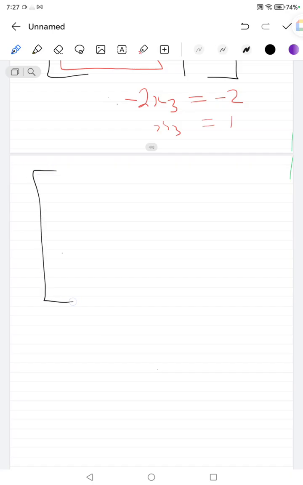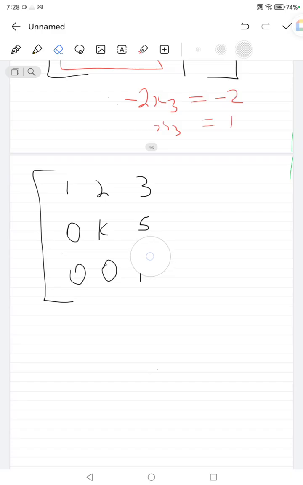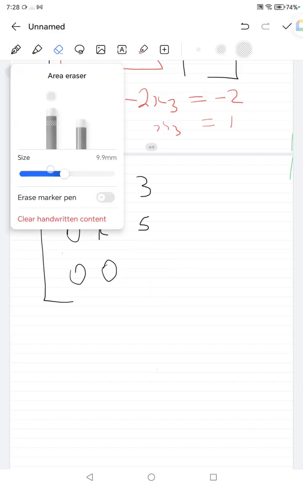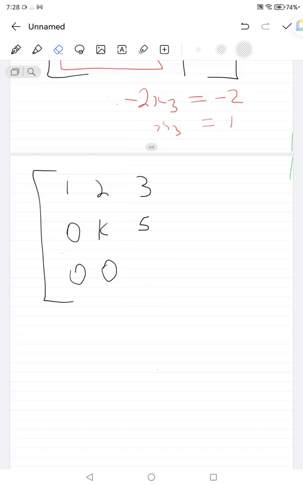So it was something like this: you have your 1, your 2, your 3, your 0, your k, your 5, your 0, your 0, your k squared, then you have your k squared minus 1.